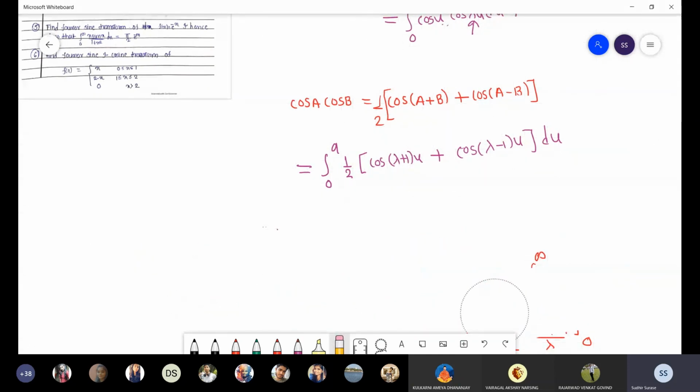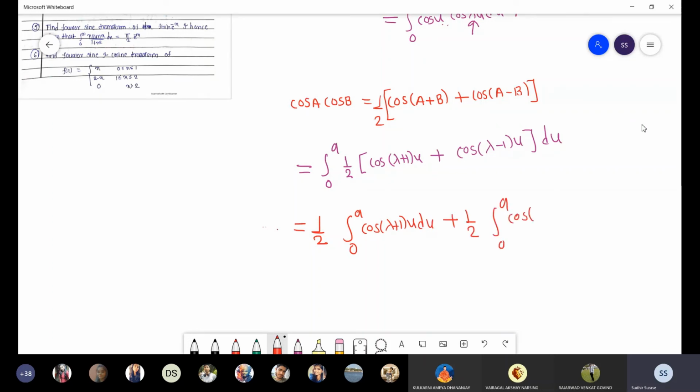So this integration becomes 1 by 2 outside, integral 0 to a cos (lambda plus 1)u du, plus 1 by 2 times integral 0 to a cos (lambda minus 1)u du. Now evaluate this.